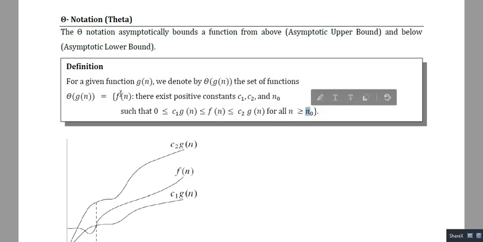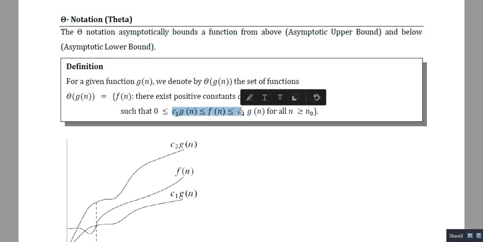Okay, so f(n) can be expressed as theta of g(n) if f(n) lies between this particular thing for some positive constants c1 and c2 and for all n whose value is greater than n0, right?